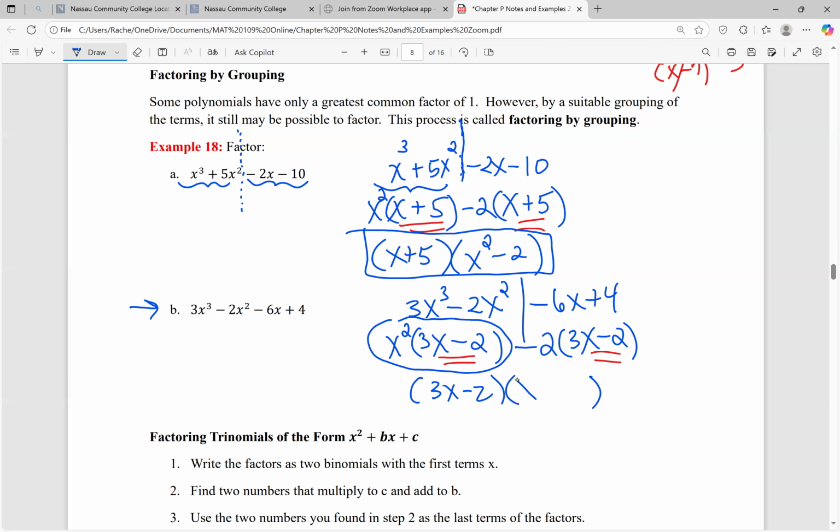So I'm going to be left with x squared. Now divide the 2 times 3x minus 2 by 3x minus 2, and I'm going to be left with negative 2. So my factored form is going to be 3x minus 2 times x squared minus 2. And again, you can distribute in order to check your answer.